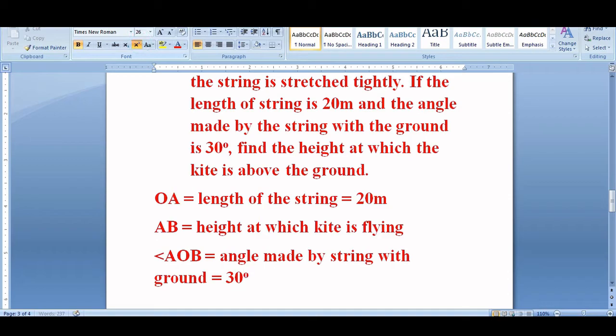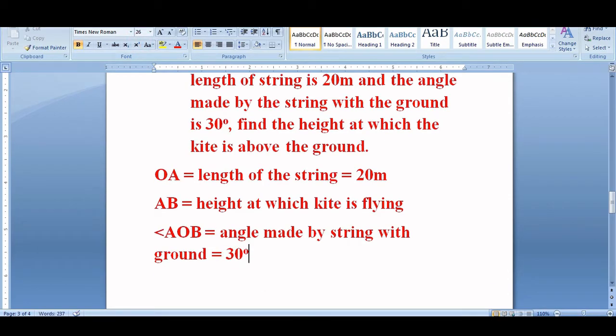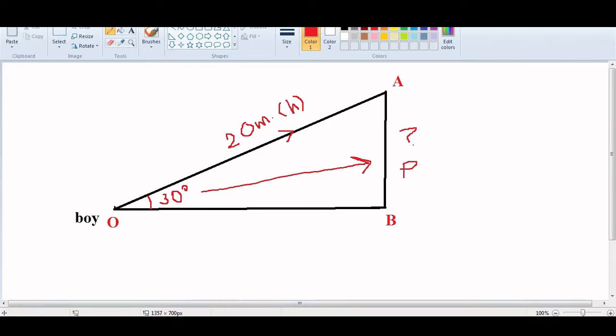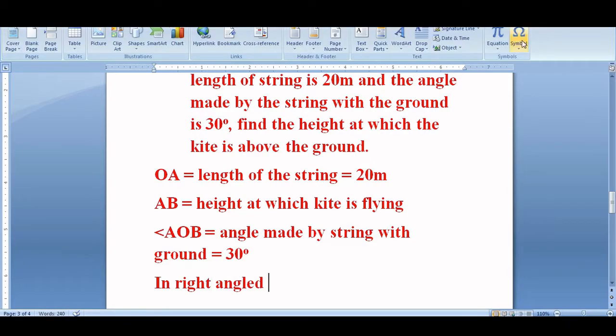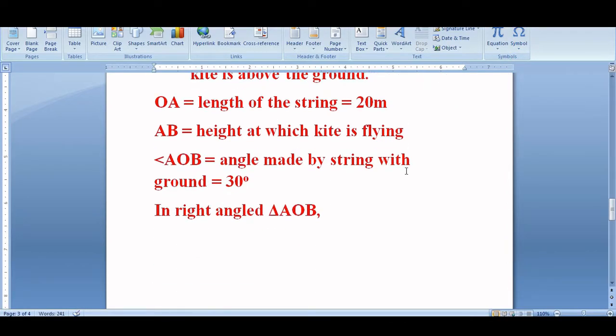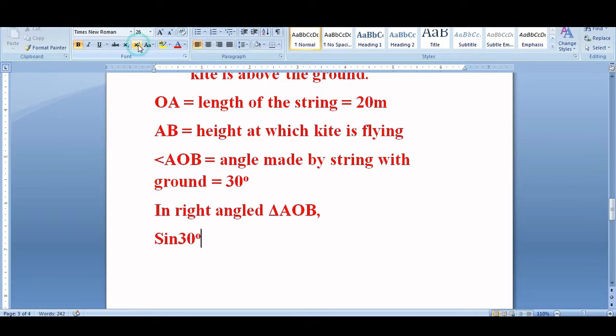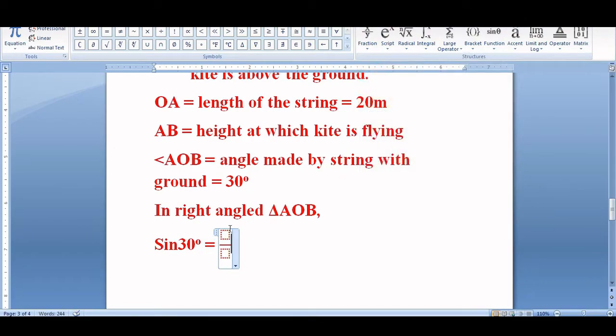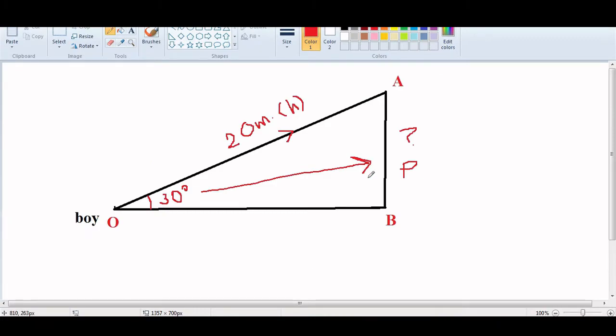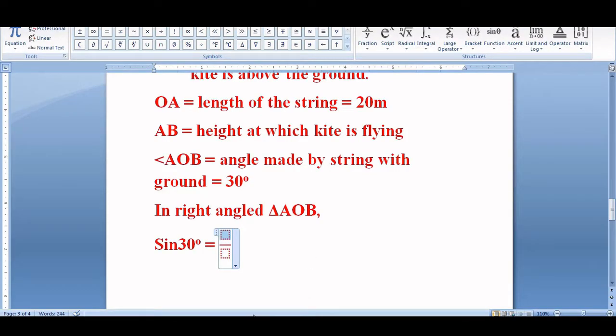This angle is given how much? It's 30 degrees. So what we'll write in right angle triangle AOB: sine 30 degrees is how much? It's perpendicular by hypotenuse. So what's the perpendicular here? It's AB and the hypotenuse is OA.